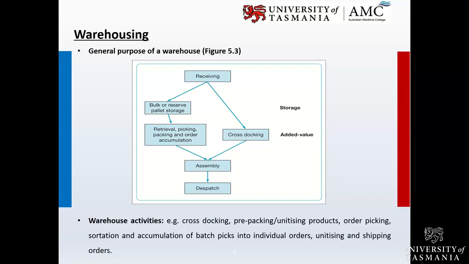Okay, next is to provide value-added services. Value-added services include cloth stocking, retrieval, picking, packing, and order accumulation. All these services are value-added services. So this is the second purpose of a warehouse.